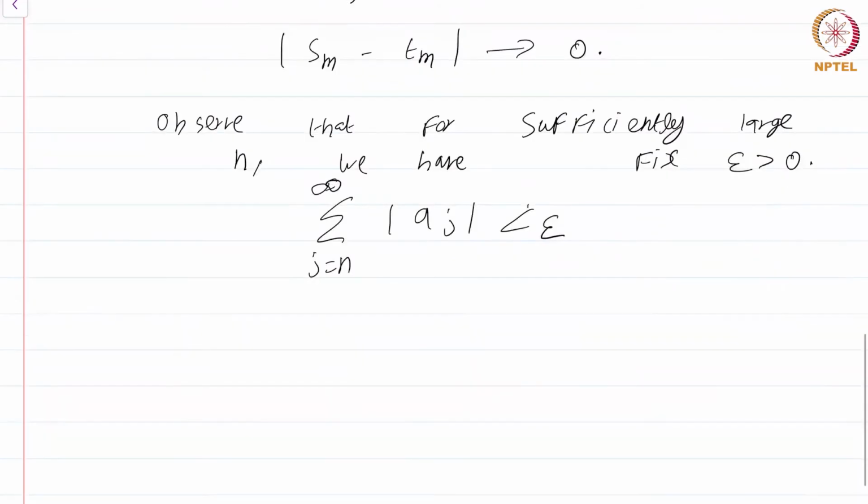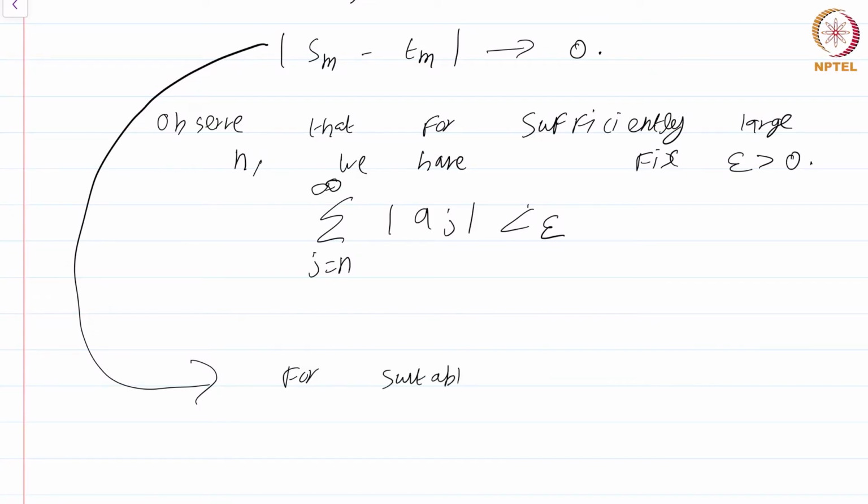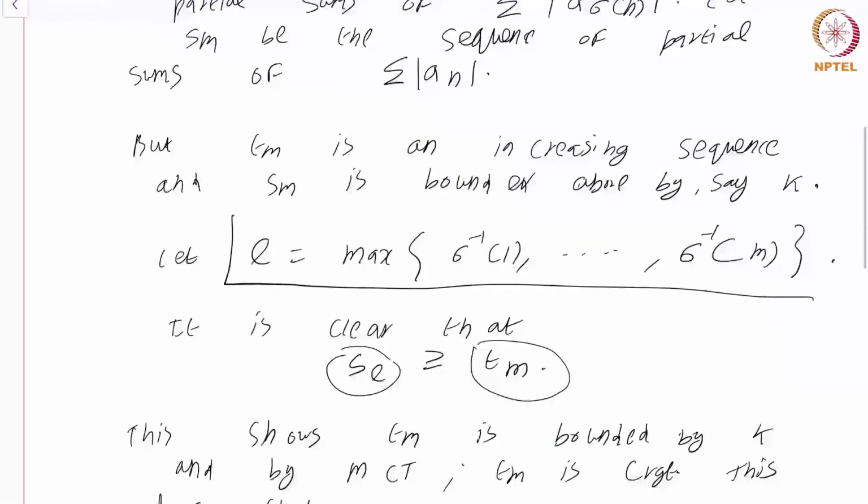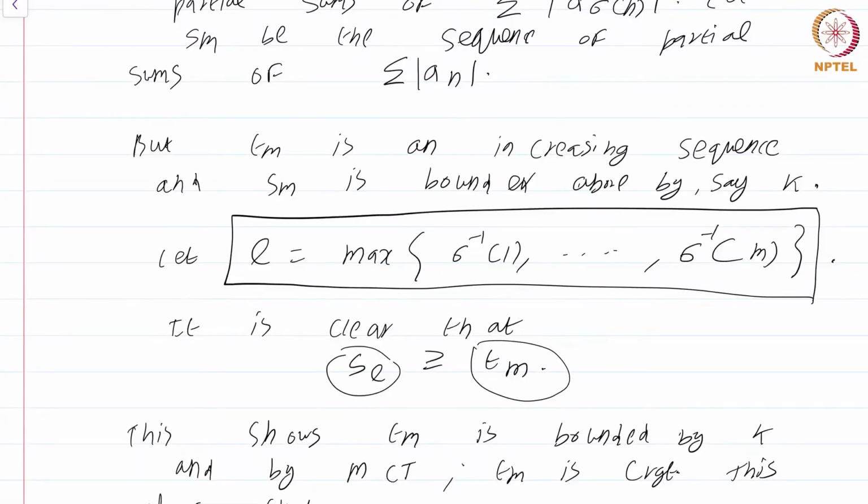Now what you do is you look at this mod Sm minus Tm, then for suitably large m, the terms Aj, j less than n itself is enough, will occur in Tm, not mod Aj, just Aj. The terms Aj for j less than n will occur in Tm. How do we know this? Well, we can just use the same trick that we used here. The exact same trick that we used here will give us this.